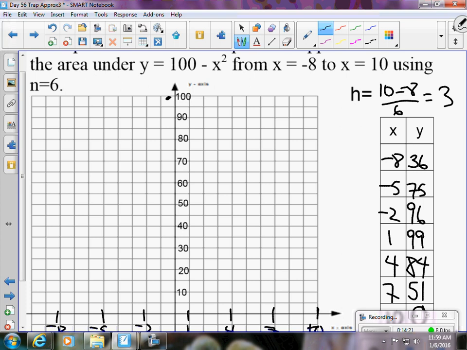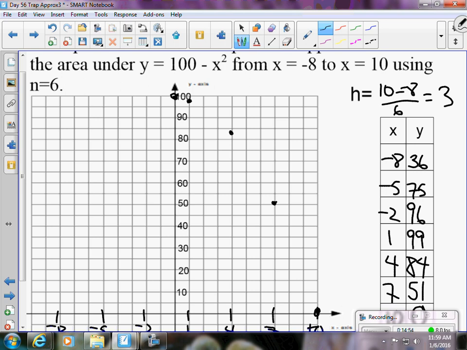So we're just going to plot these points. So we got 100, 10 was 0, 7, 51, going up to 51. 4, I'm going up to 84. 1, I'm plotting points, going up to 99. Oh, this is 100.